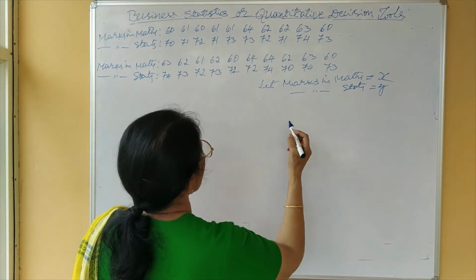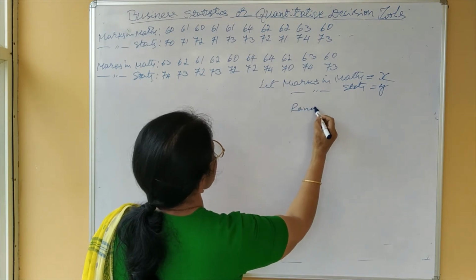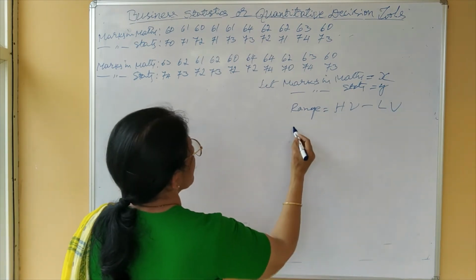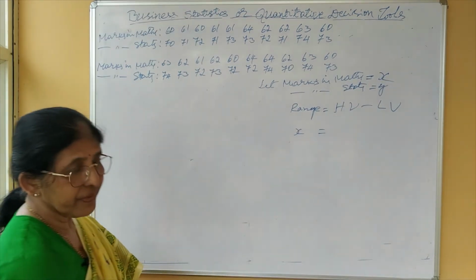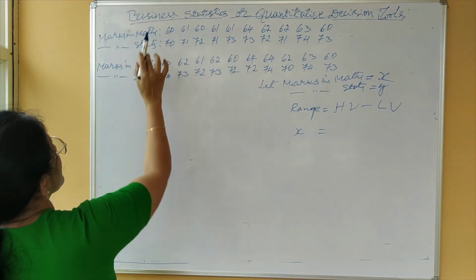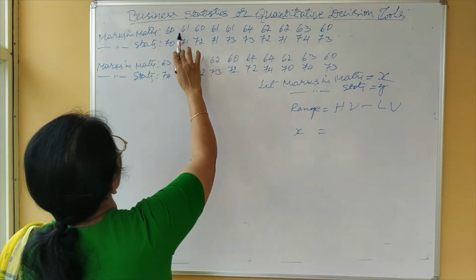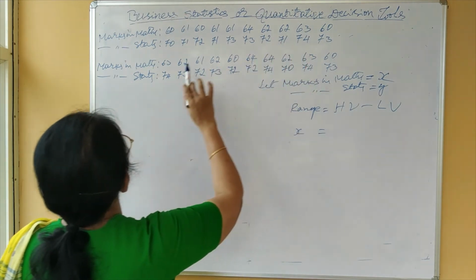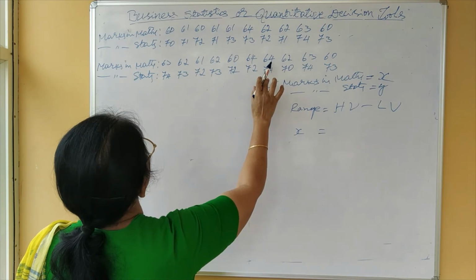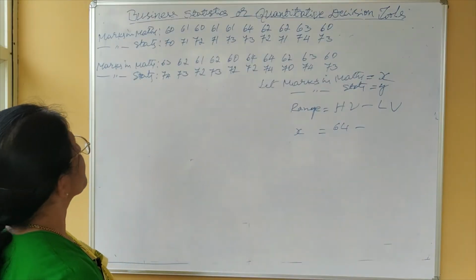Now here, range equals highest value minus lowest value. In case of variable x, here we have taken marks in maths as x and marks in statistics as y. Among the marks in mathematics, I think 64 is the highest, isn't it? 64 minus the lowest one.